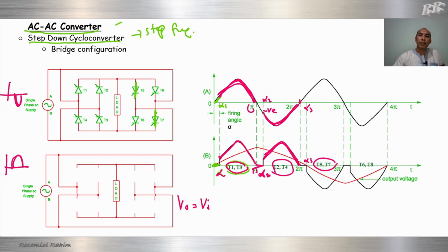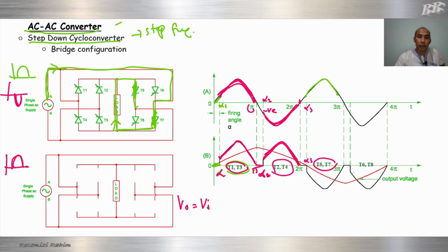Okay, this one is during the positive cycle. So the waveform is positive. Current will go from here, go here. Okay, pass through T5, go to load, go to T7. Sorry, this one is T7, T5. Go to T7, go to load.